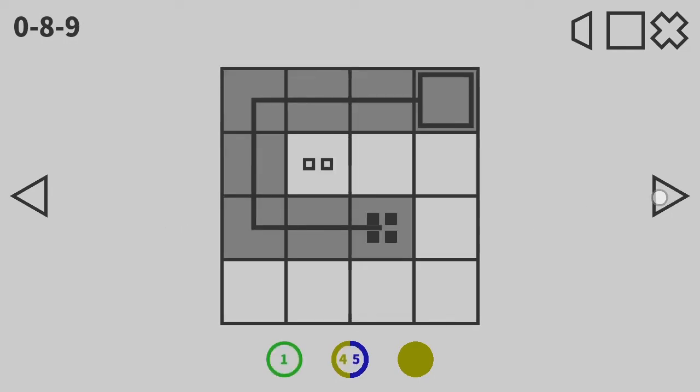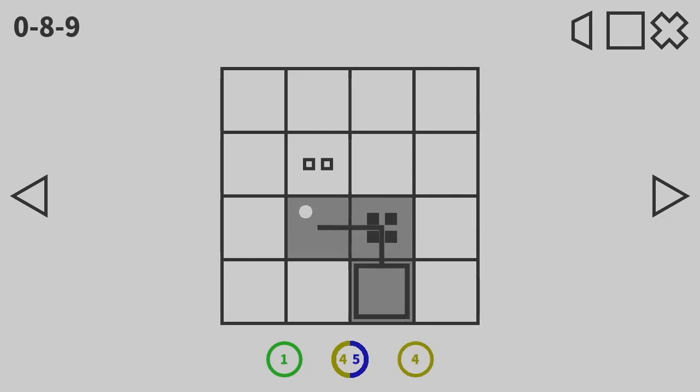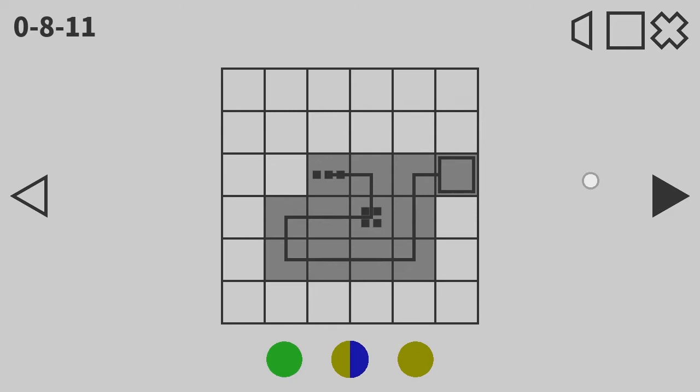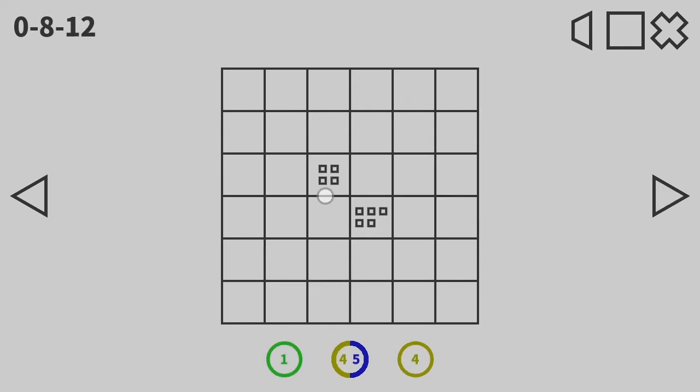I'm quite tempted to just try and solve them. Like 1, 2, 3, 4. Solved. Solved already. Solved already. 1, 2, 3, 4, and 5. So 20.